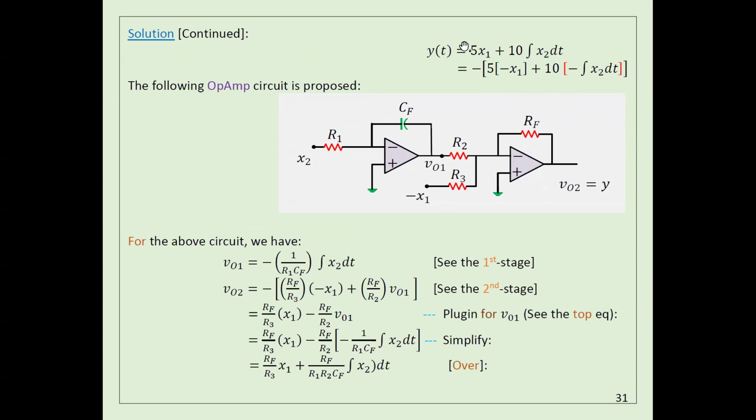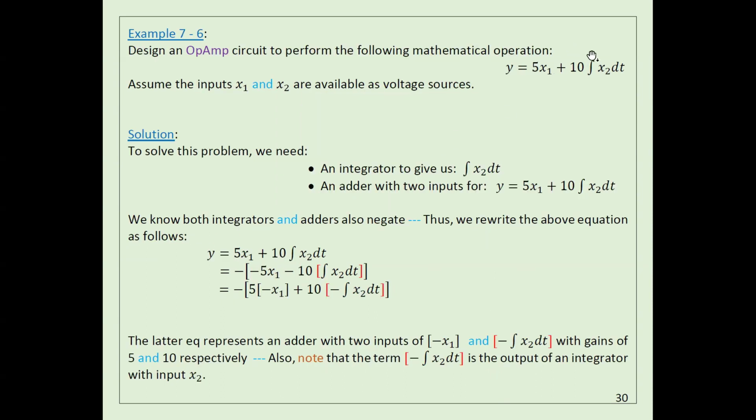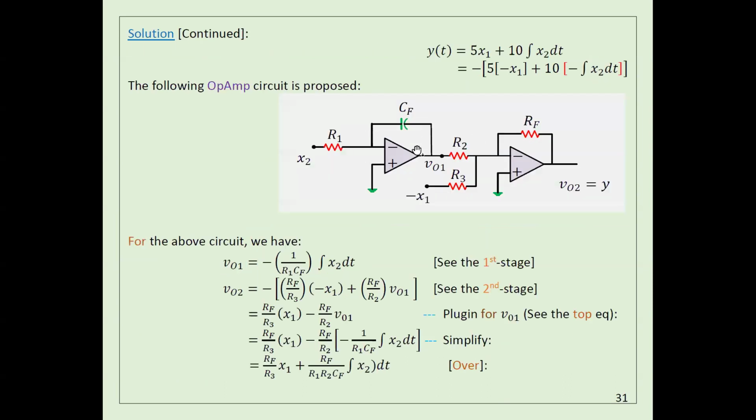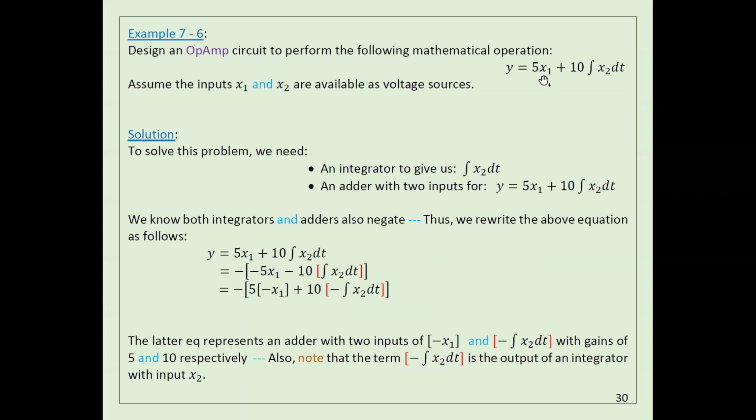You need to twist this equation a little bit because this op-amp circuit multiplies by a negative. So this is x2. Here x2 goes in, and I will do the integration, this part first. This is what should be done in the first circuit. So in the first circuit we will do integration, and then after doing the integration, I'm going to add this value to the input x1 here.